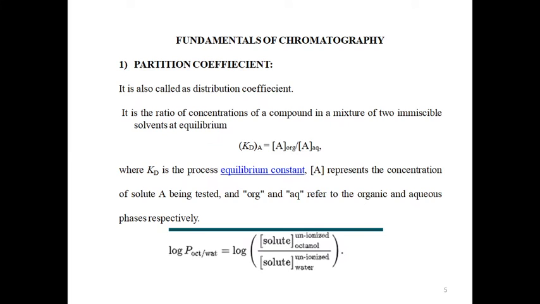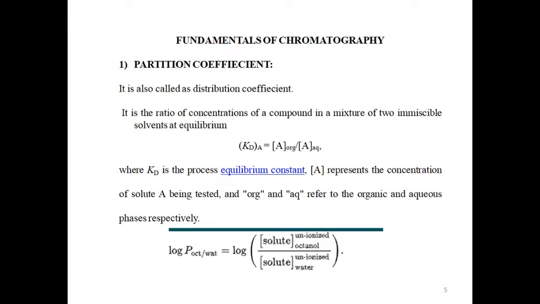Basically, if an analyte mixture is given to us, how it gets distributed between the organic and aqueous layer is said to be the partition coefficient. When we consider A as the solute present, how it gets distributed in an organic phase and an aqueous phase. Kd is the equilibrium constant. It represents the equilibrium constant between the organic phase and the aqueous phase.